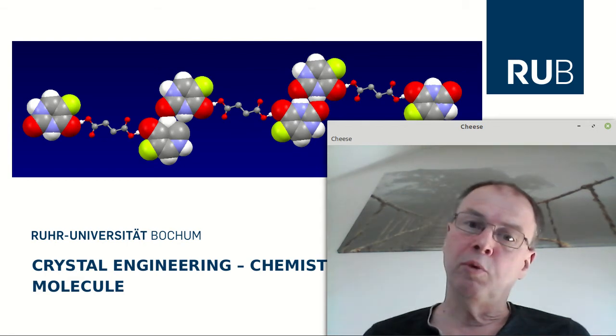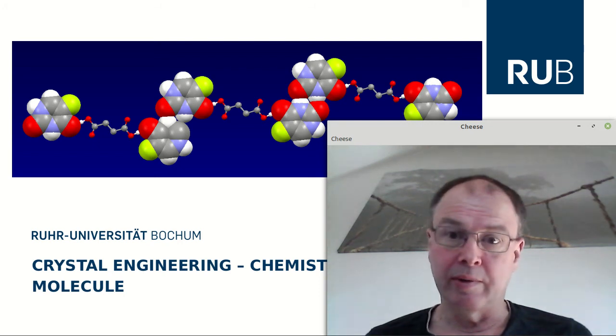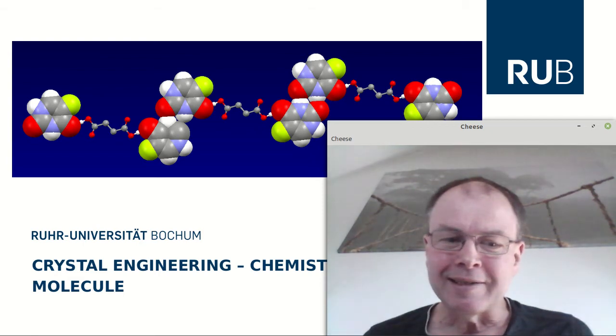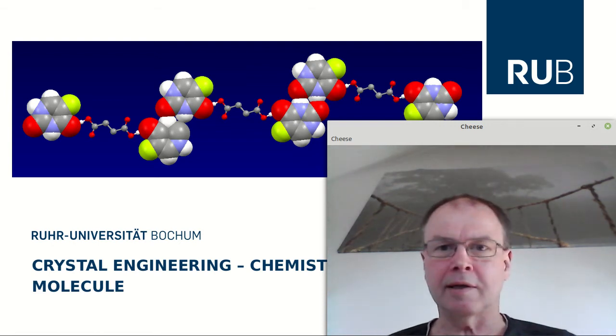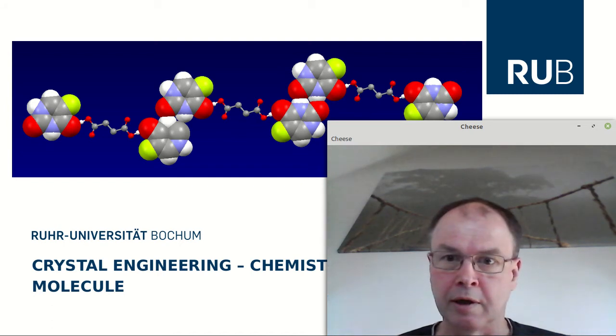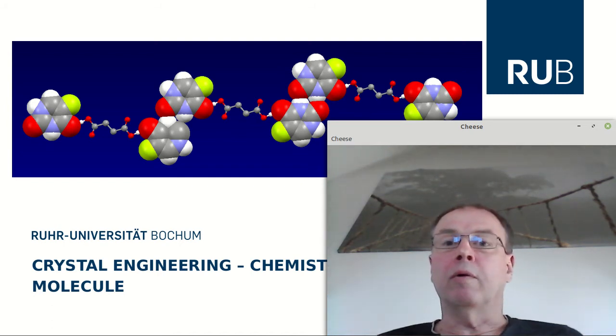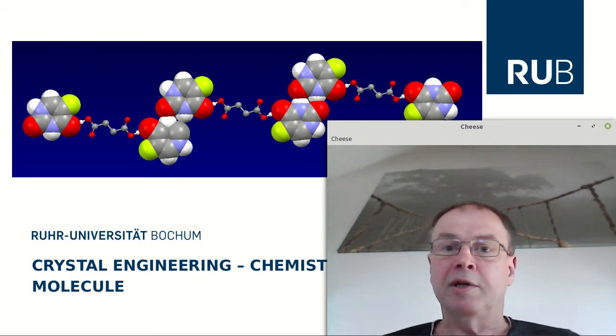In this video we start to talk about multi-component crystals. Multi-component crystals, well, this is not the typical task and the typical aim of crystallization. What is crystallization? We use crystallization to purify anything.